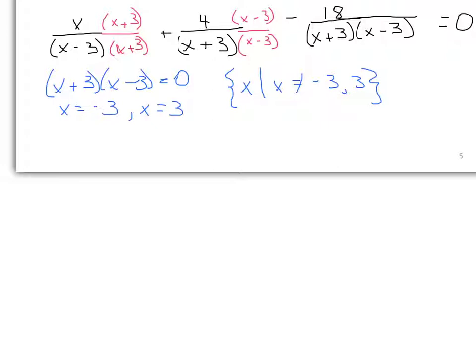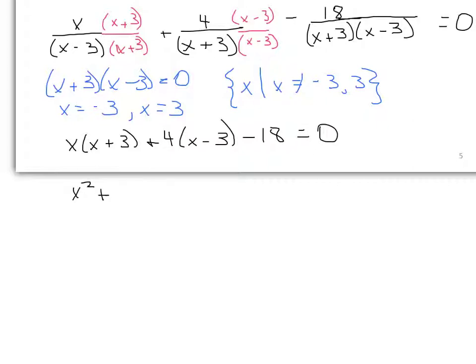So our new equation is going to be x times x plus 3 plus 4 times x minus 3 minus 18 equals 0. So let's go ahead and distribute.